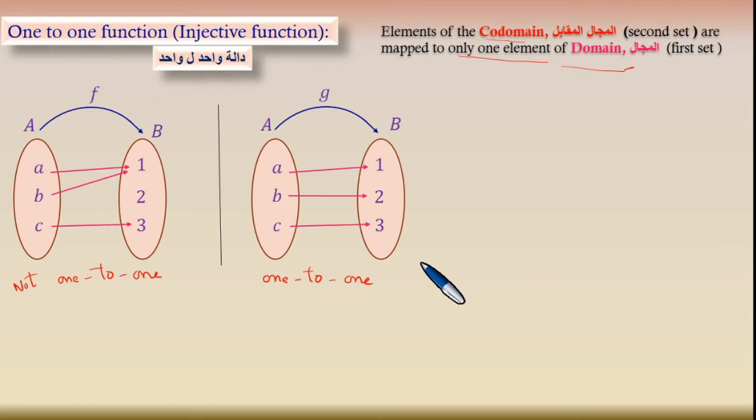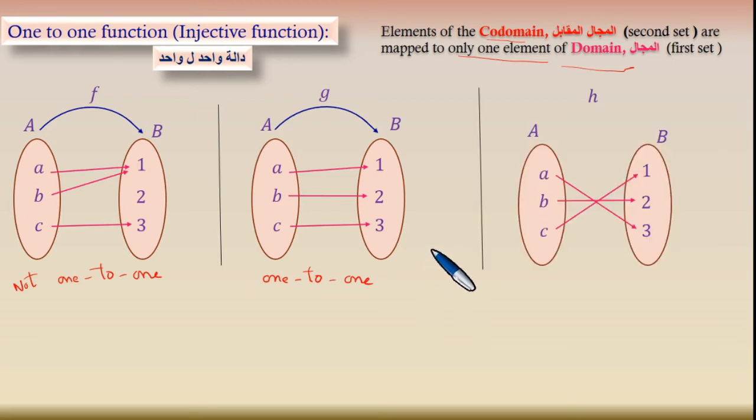See one more example. Function h which maps from A to B. Here the codomain elements are 1, 2, 3, right? In this one, see the relation: 1 has only one relation, that is with c, 2 has only one relation with b, and 3 has only one relation, that is with a. So codomain elements 1, 2, 3 have only one relation.